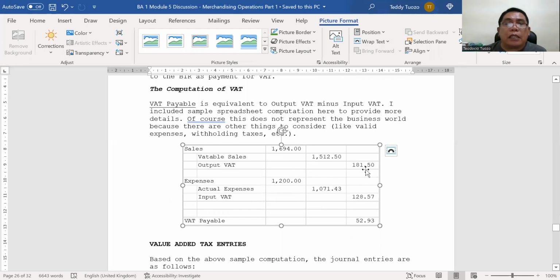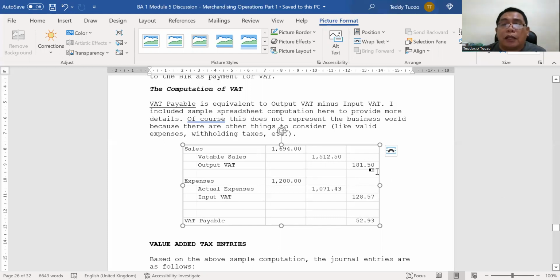So, output VAT is only 181.50, which is 12% of 1,512.50. Or 1,694 minus 1,512.50 is equals to 181.50. So, what the VATable business pays is output VAT minus input VAT is equals to VAT payable. That is what is payable.